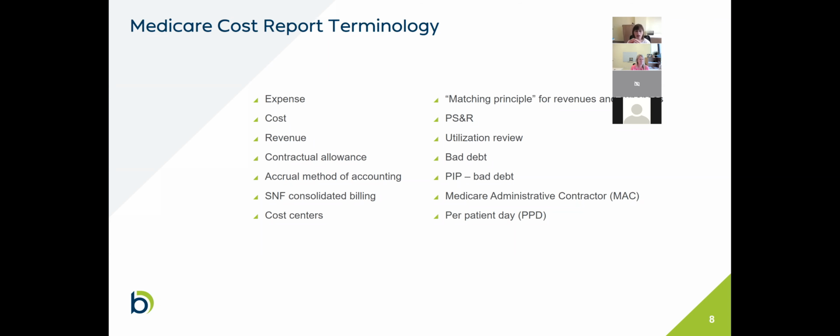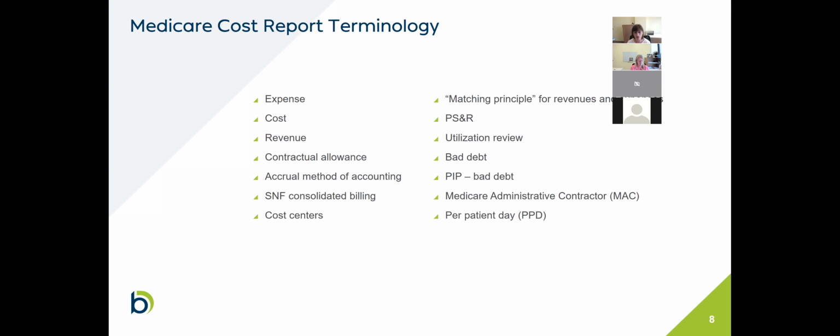So, and then you heard PSNR, and that is the Provider Statistical and Reimbursement report. Facilities that bill Medicare can request that report, and actually Medicare administrative contractors now require that you use the Provider Statistical and Reimbursement report in preparing your Medicare cost report.